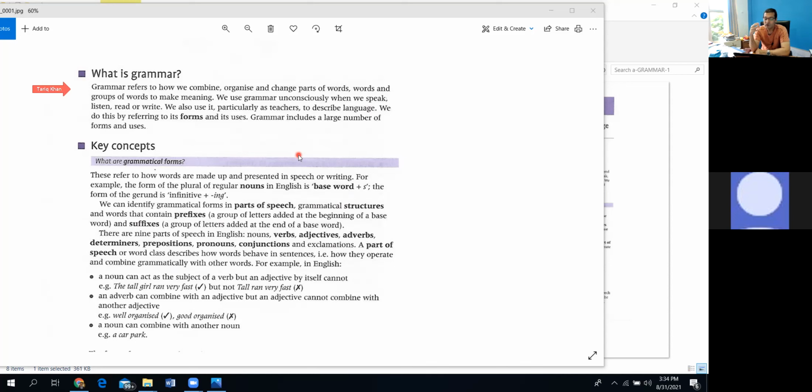You know, so even if you said one word, it does not mean that it is not grammar or it's out of the grammar. So when we speak a word, a phrase, a sentence, all that is part of the grammar. So we use all these in listening, reading, writing, and speaking unconsciously.